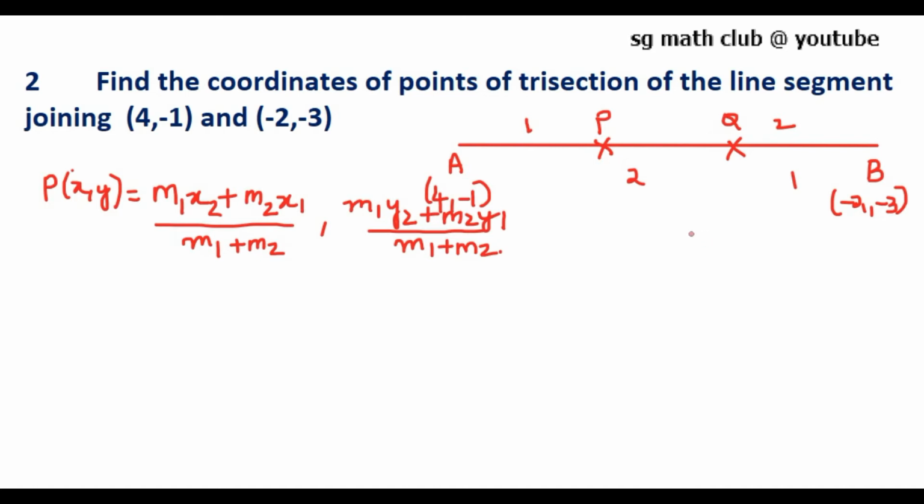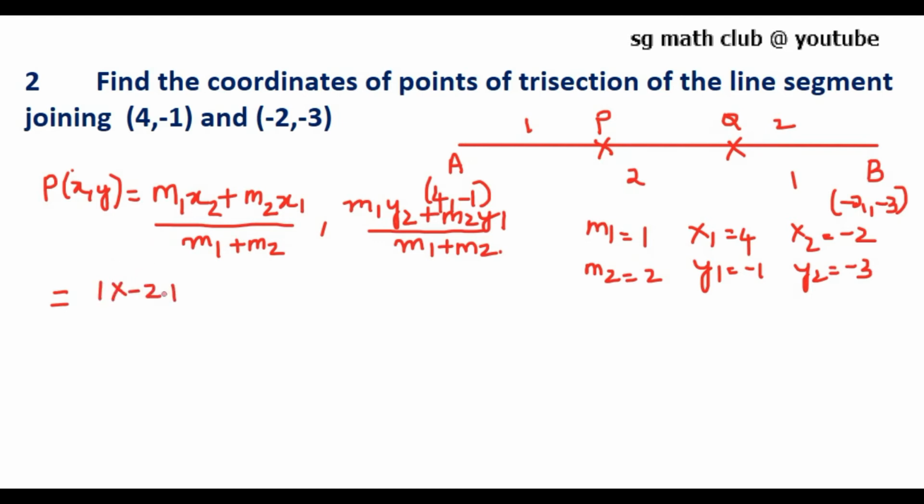So in this case, x1 is 4, y1 is minus 1, x2 is minus 2, y2 is minus 3. Again, m1 and m2 are 1 and 2. Now we will substitute and find the coordinates of P, that is x and y. So 1 into minus 2 plus 2 into x1 which is 4, divided by m1 plus m2, that is 1 plus 2.